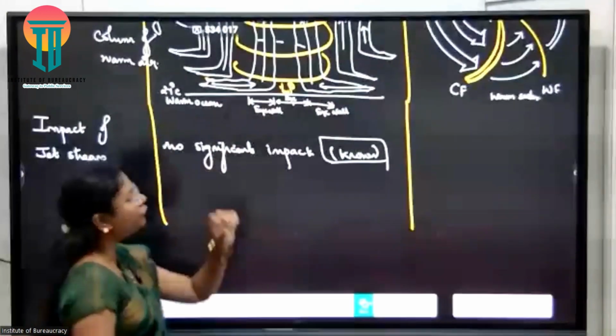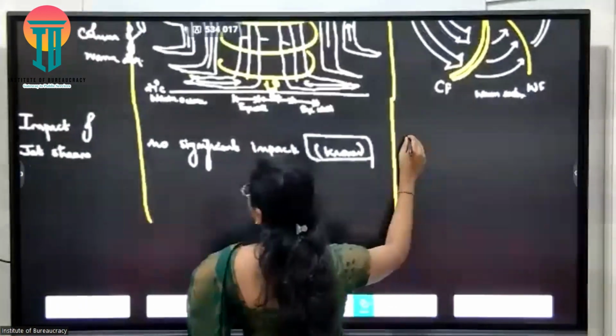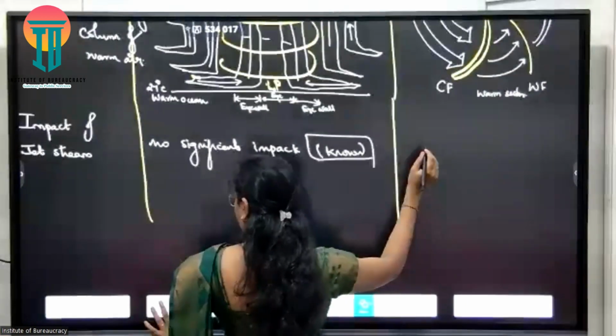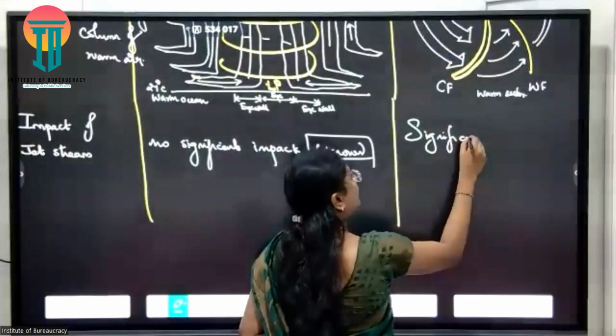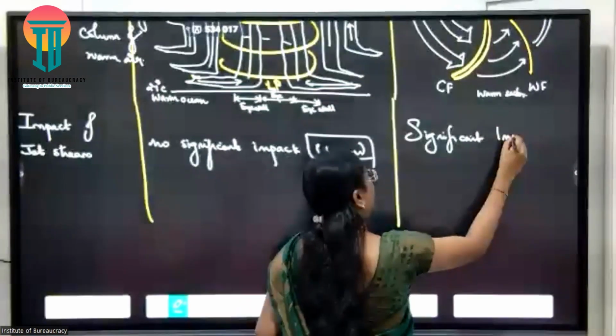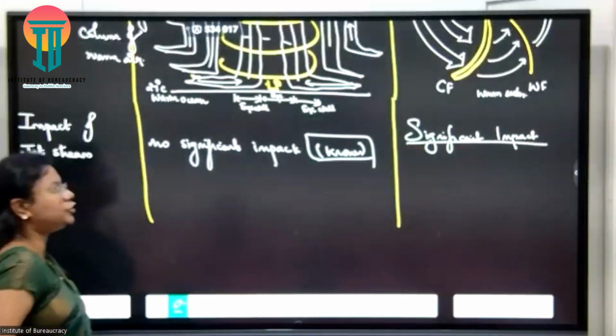Whereas in case of temperate cyclone, there is a significant impact. Those who don't know, jet streams are geostrophic winds.